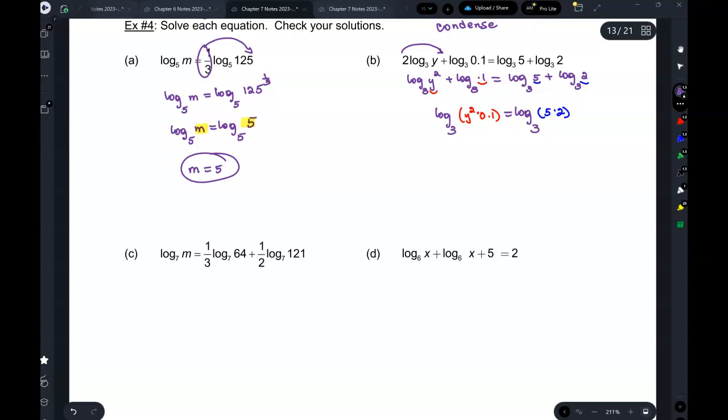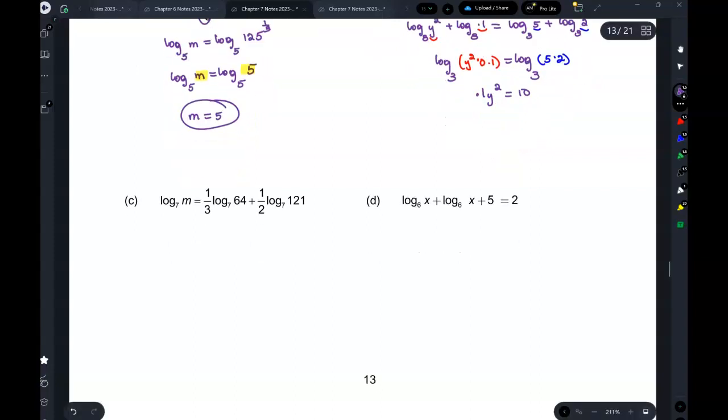So here I get 0.1 y squared equal to 10. Now I need to divide by 0.1, so y squared is equal to 100. Now what do we do? Take a square root, so y is plus or minus 10.